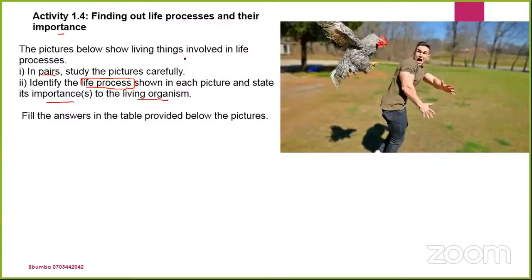So I'm sure that the life process is sensitivity. Okay, and I've heard you saying that he's running away. Why wouldn't you call it movement? The reason I can't call it movement is because before you move, you have to first sense something. To me, it's not movement.